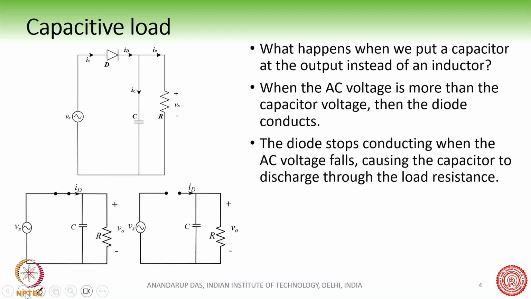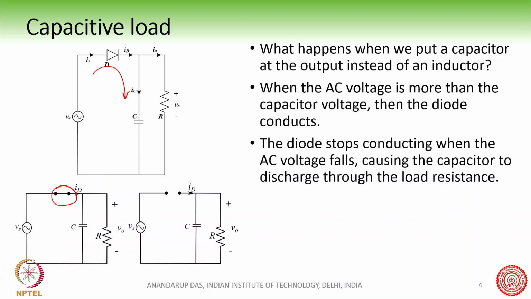The idea is that if you put a capacitor instead of an inductor, when the AC voltage is more than the capacitor voltage, the diode will conduct. Ideally the diode is a short circuit, so the circuit will look like what is shown.